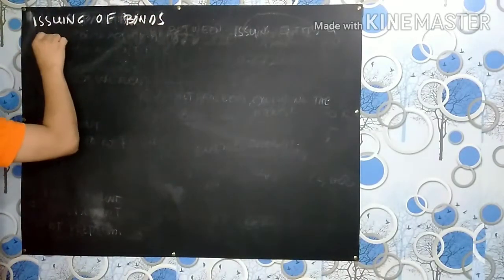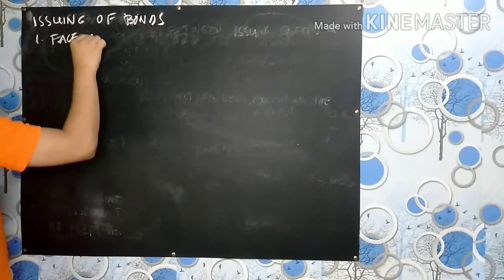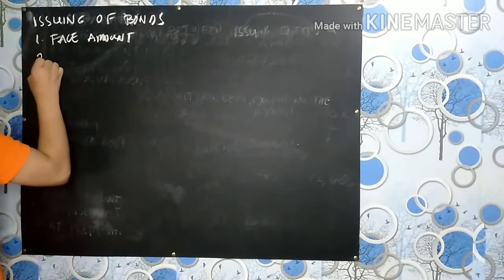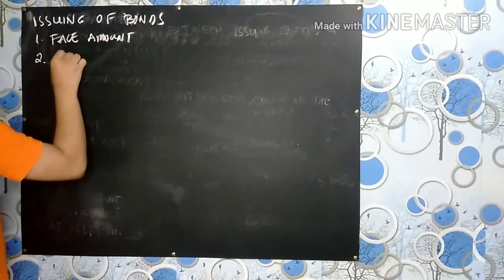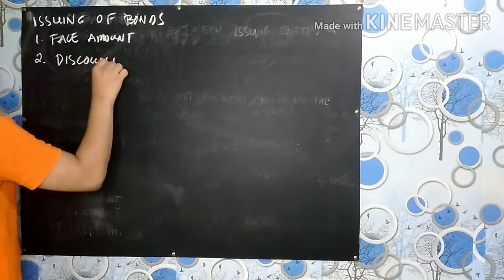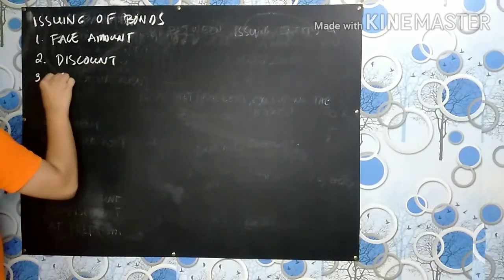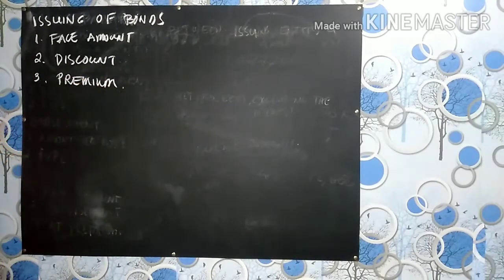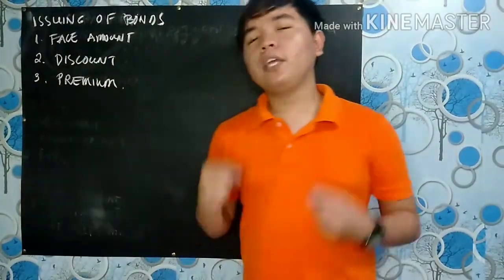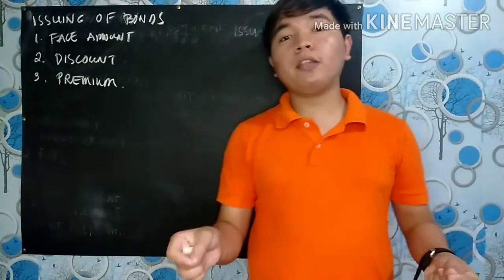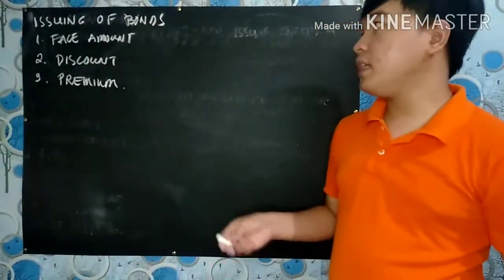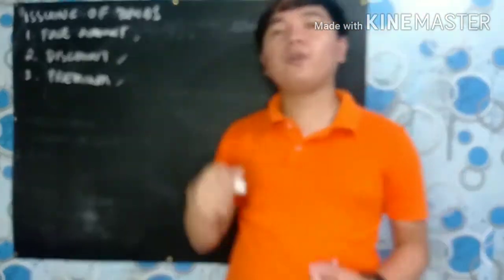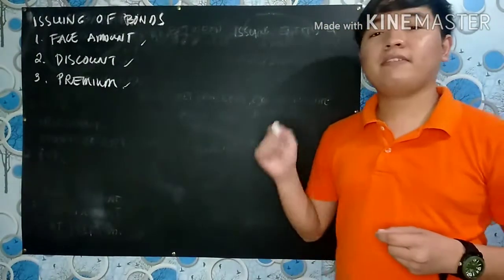Number 1, at face amount. Number 2, at a discount. Number 3, at a premium. Okay. So, the issuing entity can issue the bond to the investor at face amount, at a discount, or at a premium. So, let's start with the face amount.